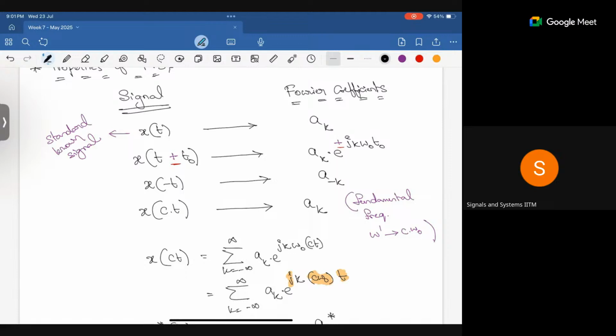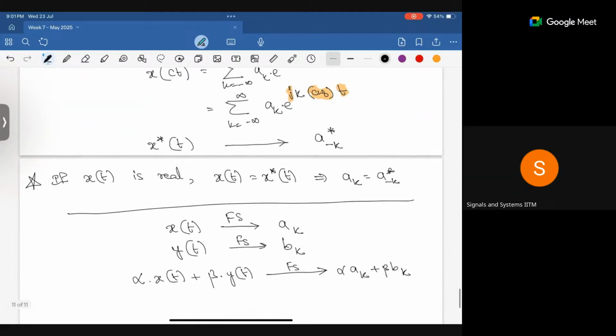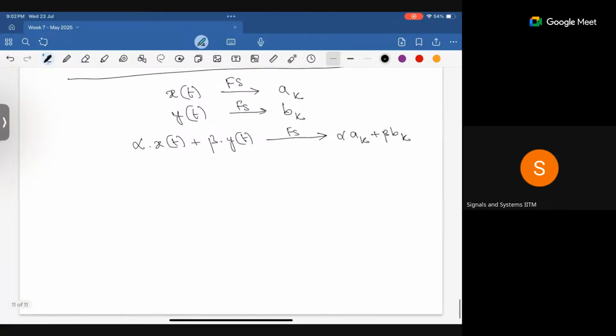With that, I think the professor has closed week 7 with these properties. In week 8, we started talking about the multiplication of signals. When x of t gets multiplied with y of t, what happens to the Fourier series coefficients?